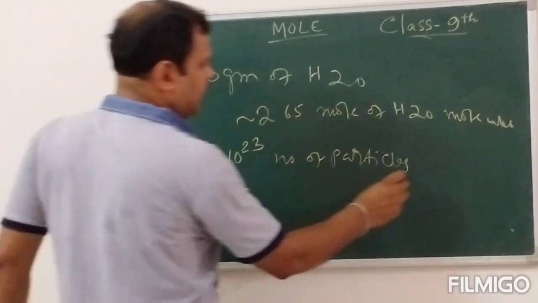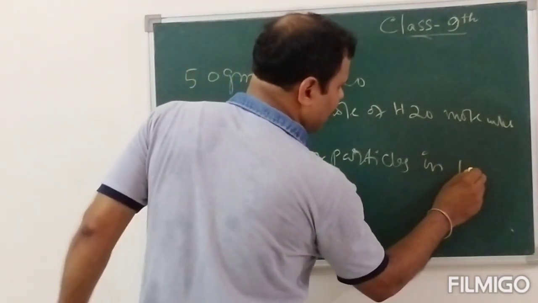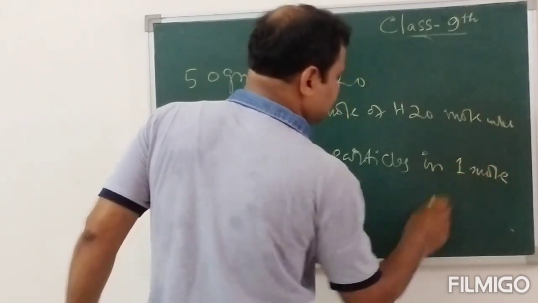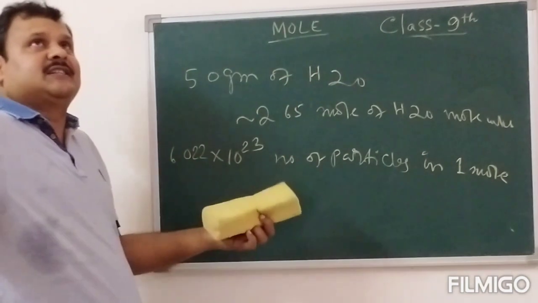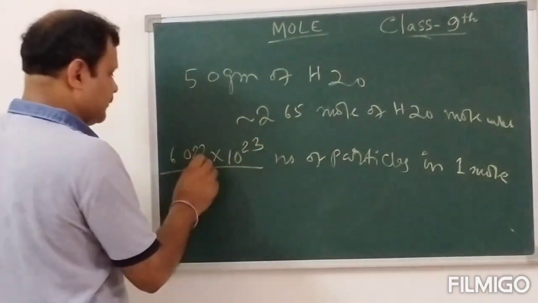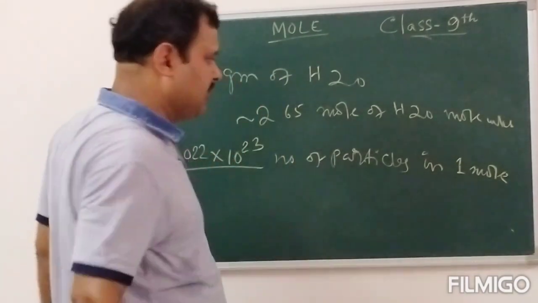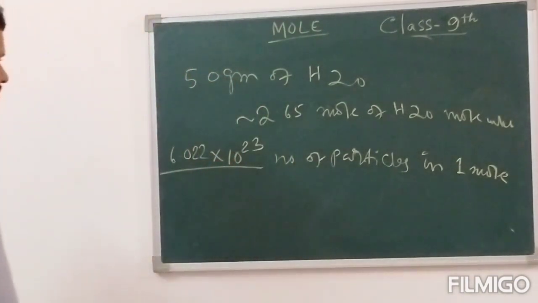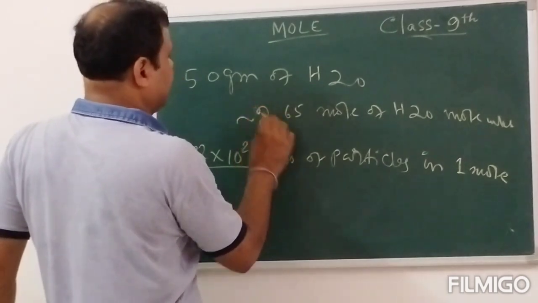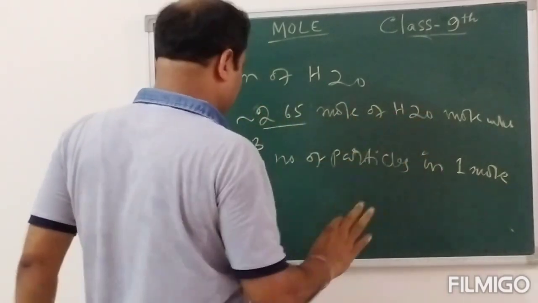So there is the Avogadro number of particles in 1 mole, irrespective of anything. You can even consider the galaxy. The number of stars, you can have 1 mole of stars. That means nothing but 6.022 into 10 to the power 23 stars, you can say. So we have here in 50 grams, 2.65 moles of water molecules.